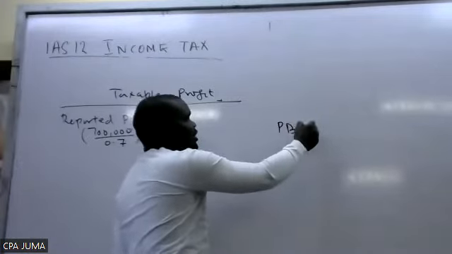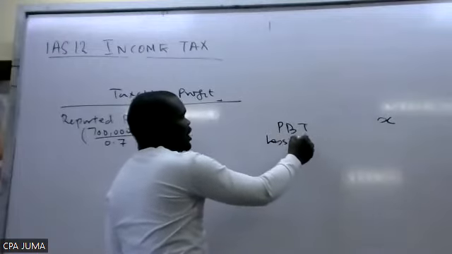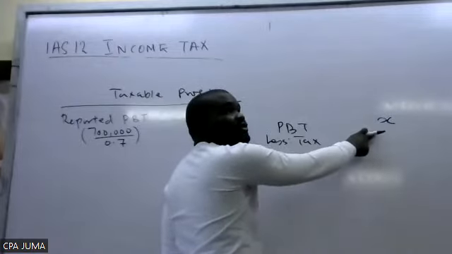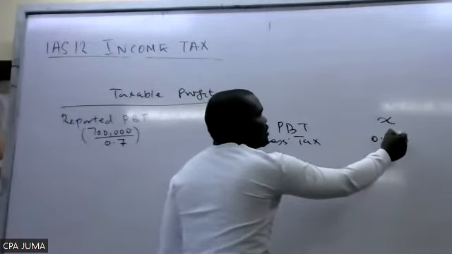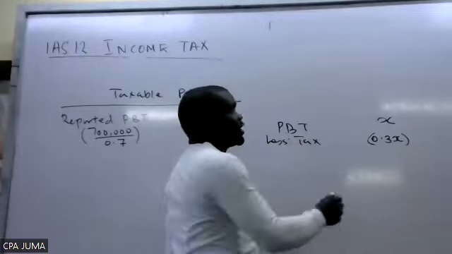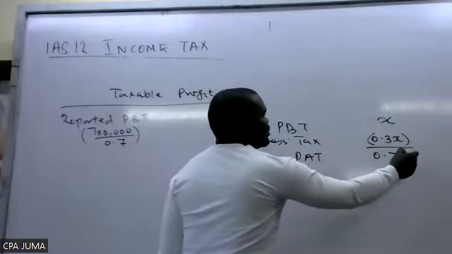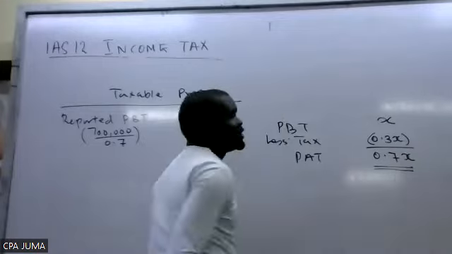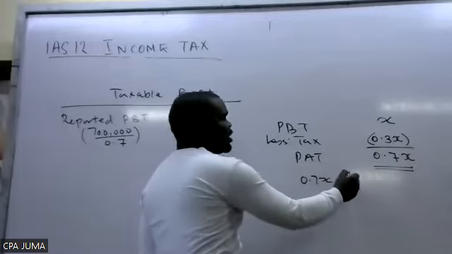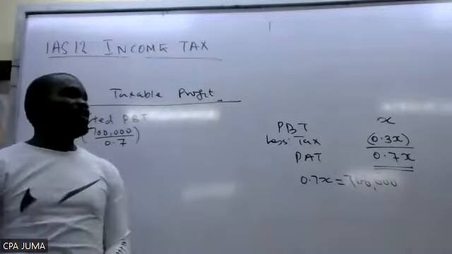If you say PBT is X, we don't know how much it was, less tax at 30%, which is 0.3X. So PAT is 0.7X. And the 0.7X is what we have been given to be 700. So to get X, just divide by 0.7.